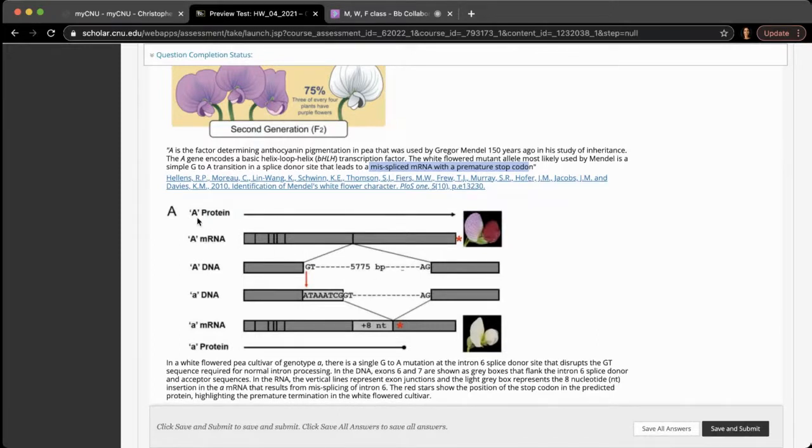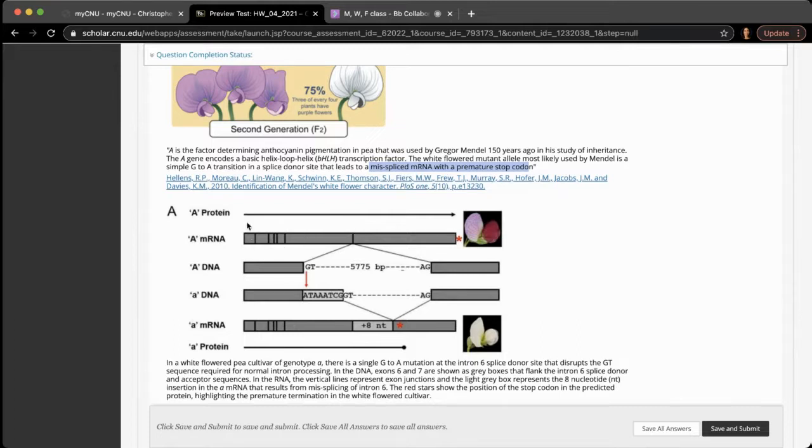There is an A protein, which is a transcription factor responsible for transcribing the gene that will make a pigment. If the transcription factor is functional, you're going to get the pigment made.